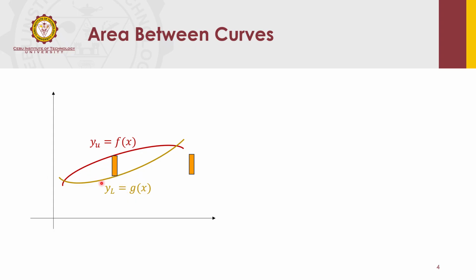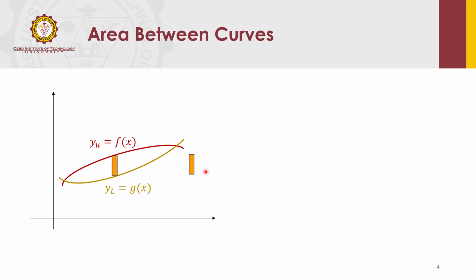Our vertical strip touches two points on these two curves. The lower end of the vertical strip touches the lower curve at this point, and the upper end of the vertical strip touches the upper curve at this point.